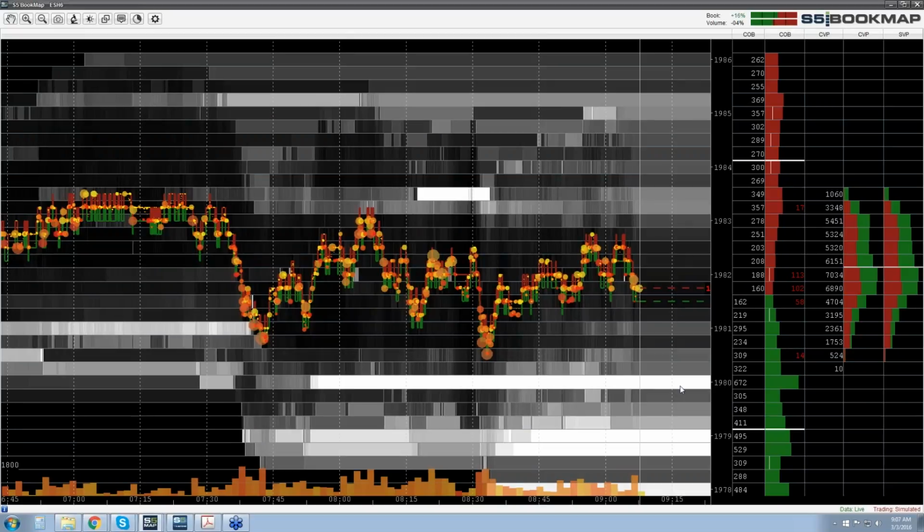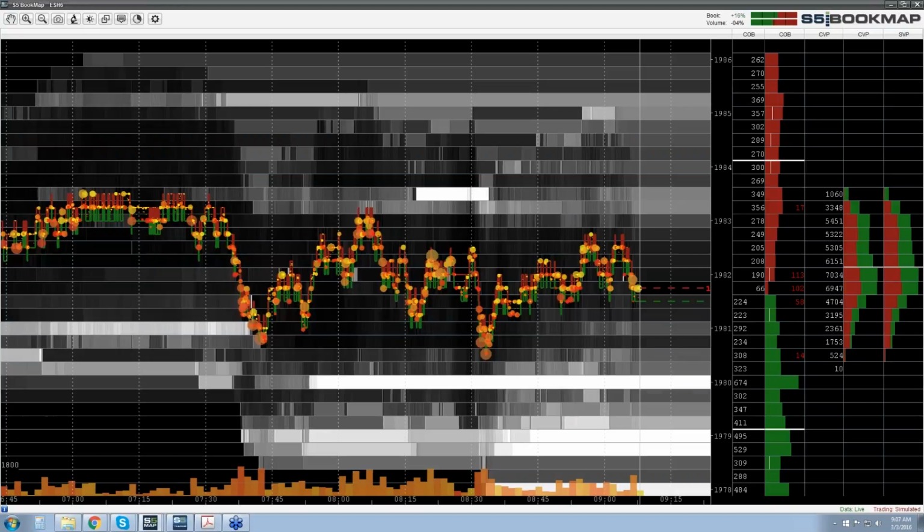But in the current market window, you notice this grayscale. This grayscale is another graphical representation of these numeric values. If it's very white, that's going to be the highest area in the book, the most liquidity at that price level.